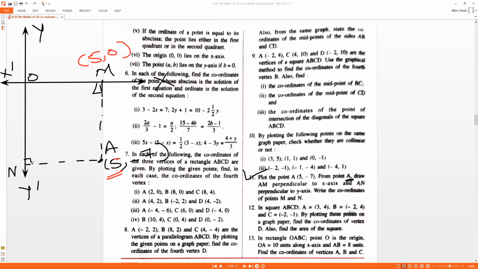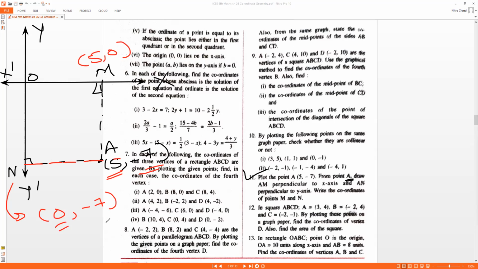Similarly, what will be N? In N, if N and A lie on the same horizontal line, their y coordinate is going to be the same. And the x coordinate of N is going to be 0, because any point which lies on the y-axis has its x coordinate 0.